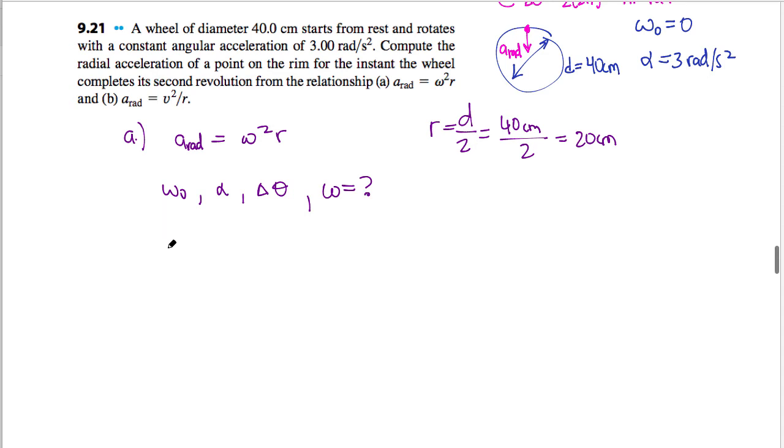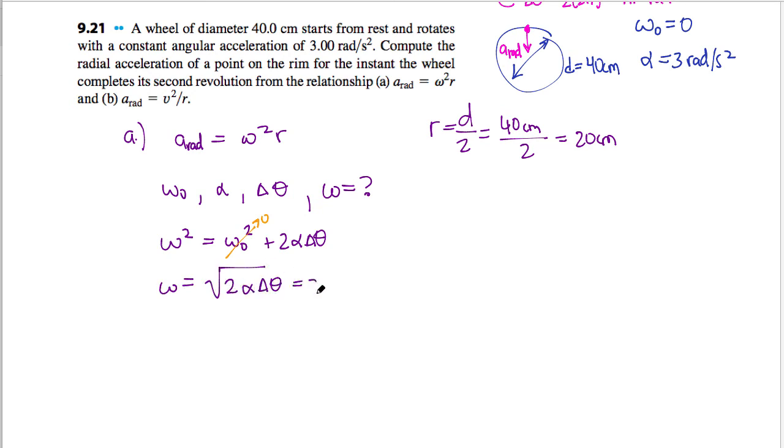So I'm going to use the third rotational kinematic equation, which says omega squared equals omega naught squared plus 2 alpha delta theta. So here I'm looking for omega. Now, my initial angular speed is 0, so I can go through and say omega is equal to the square root of 2 times alpha times delta theta.